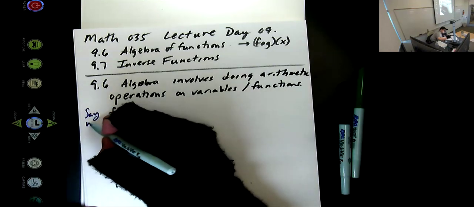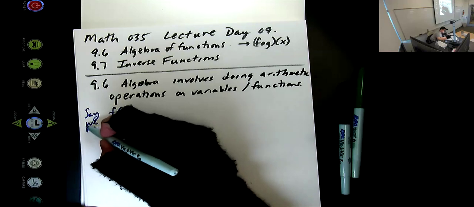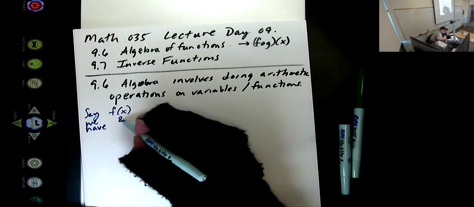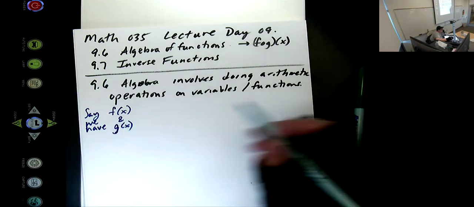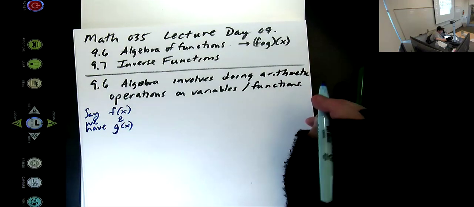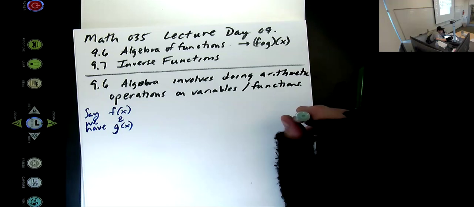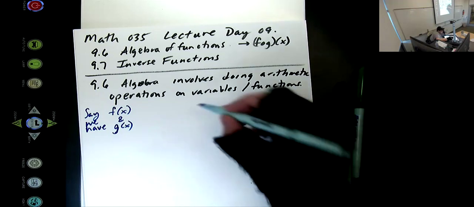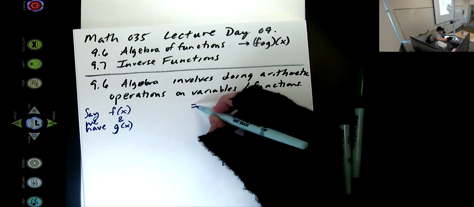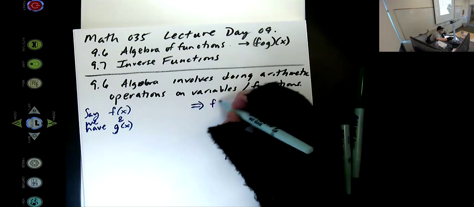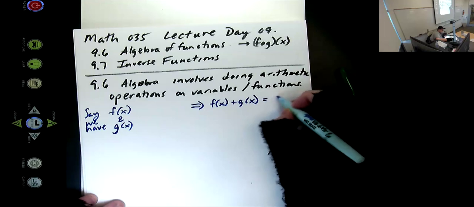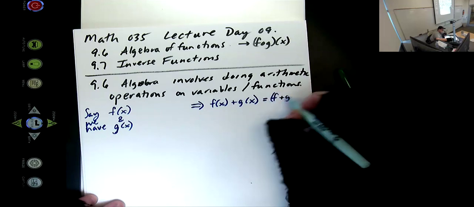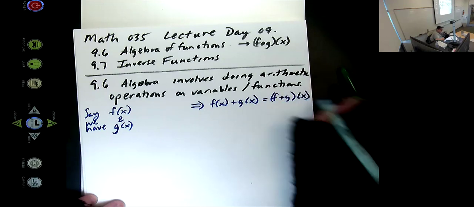Say we have f of x and g of x. If we want to do f of x plus g of x, there is a shorthand notation that says f plus g in parentheses and x in parentheses.